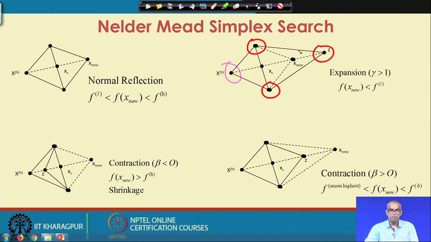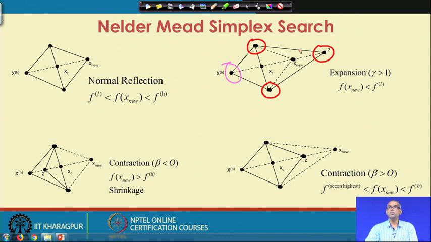So, I repeat, after regular reflection you obtain x nu, you evaluate the objective function and you see that x nu is best among all. That means, the objective function value at x nu is lowest, that means it has function value lower even than the point x l where the function value was lowest previously. So, we extend it, that means we expand the simplex.